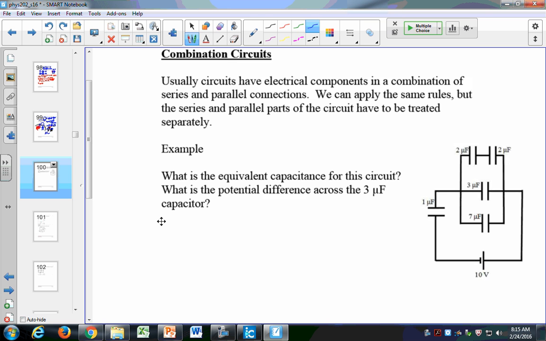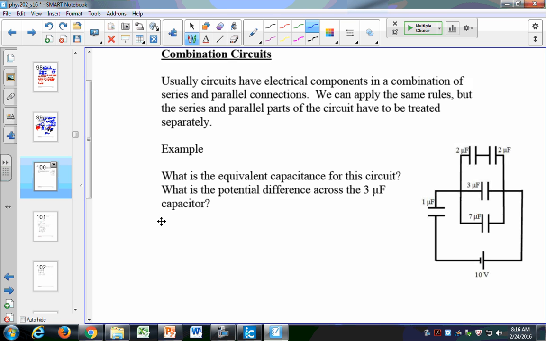We'll get into some simple circuits of those towards the end of the semester. But right now we're just dealing with capacitors. Usually you're going to have them in a combination of series and parallel. We apply the same rules, but we just have to treat those series and parallel branches separately. So it's like we separate them out.